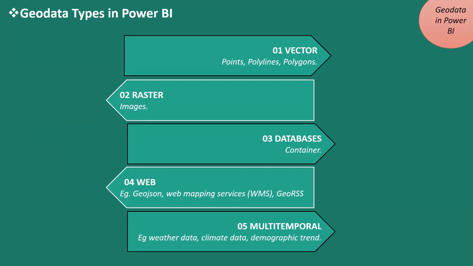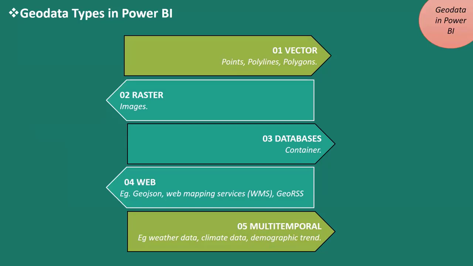The different data types in Power BI: we can visualize, of course, vector files. So we can have points, polylines, and polygons. And since we're talking about vector files, we can have also multitemporal files. ArcGIS Maps for Power BI has its own fields in order to import the time component.